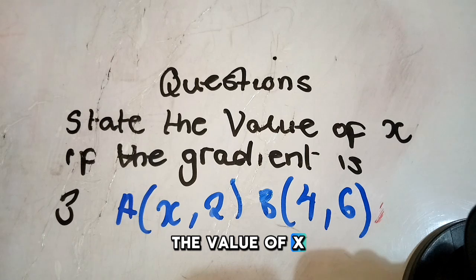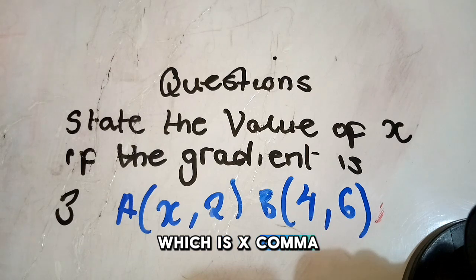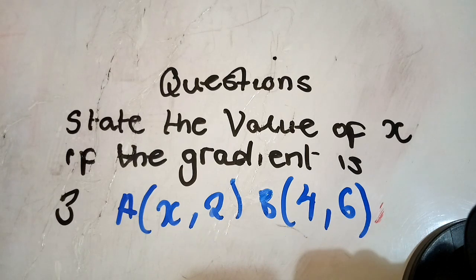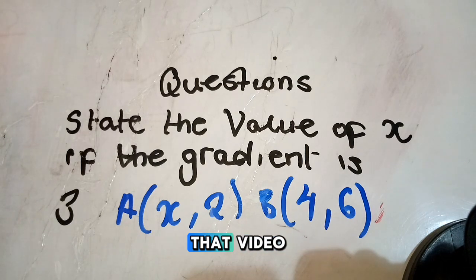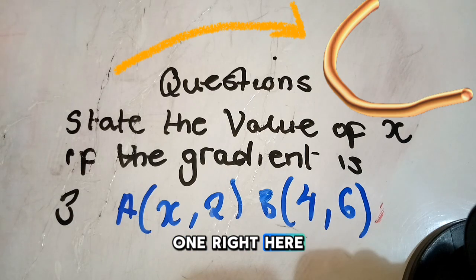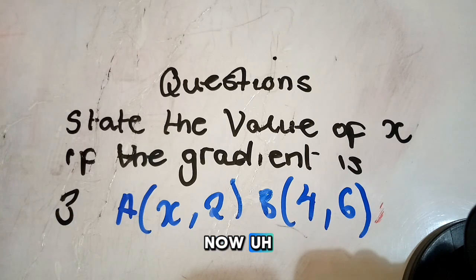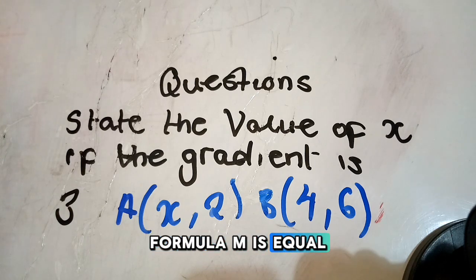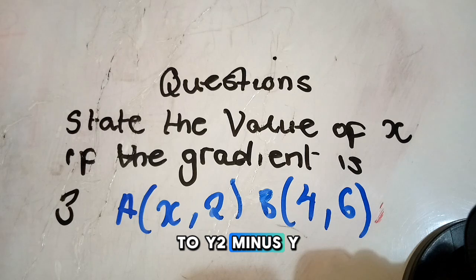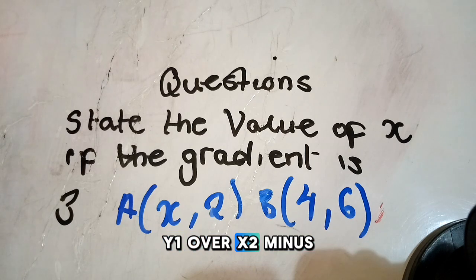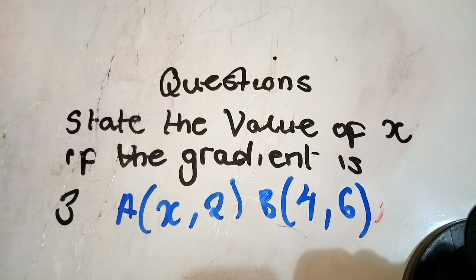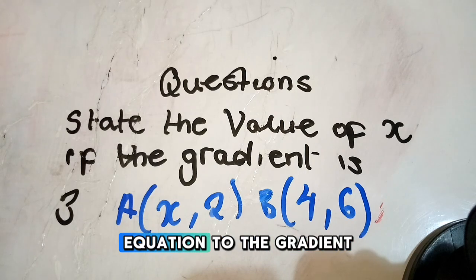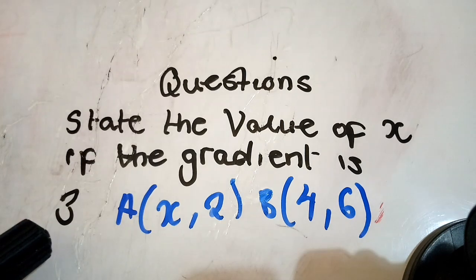Yeah. So we have this other question. State the value of x if the gradient is 3 in the line A, which is x, 2, and B, which is 4, 6. So this is similar to what I explained in the midpoint video. So if you didn't check that video, you can watch this one right here. Now, since we know our formula m is equal to y2 minus y1 over x2 minus x1, we'll equate the equation to the gradient.